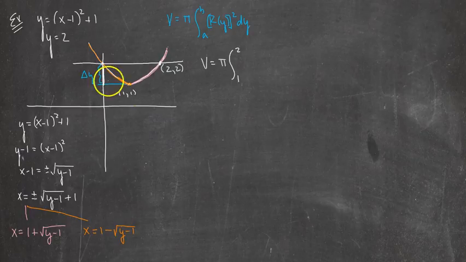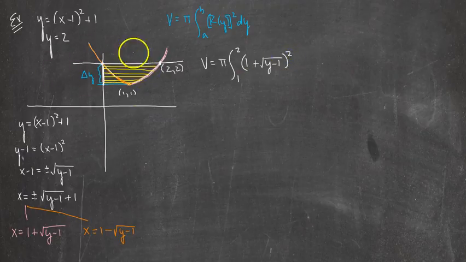On this boundary, my radius is going to lead me to the pink function, which is 1 plus the square root of y minus 1, squared. So that's that area wrapped around the y-axis.